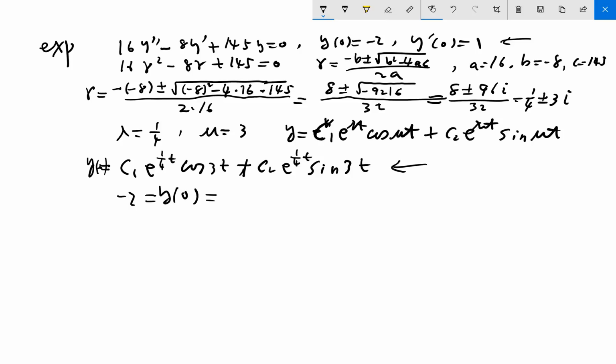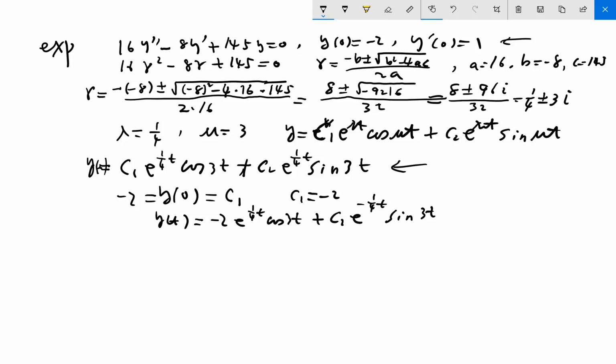On the right-hand side, e to the 0 gives you 1, cosine 0 gives you 1, and sine 0 gives you 0. So we find C1 easily: C1 equals -2. Therefore, y of t is equal to -2 e to the 1/4 t cosine 3t plus C2 e to the 1/4 t sine 3t.